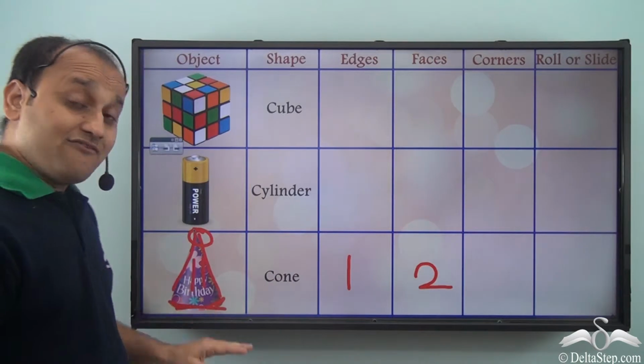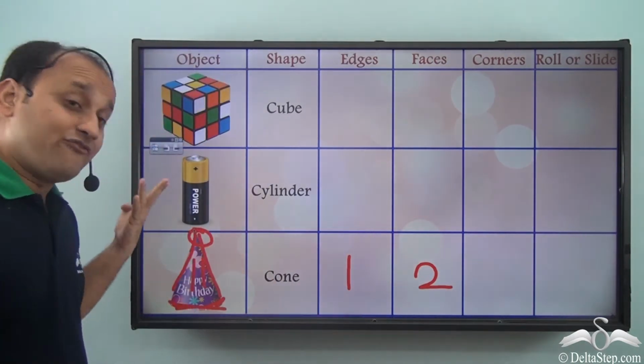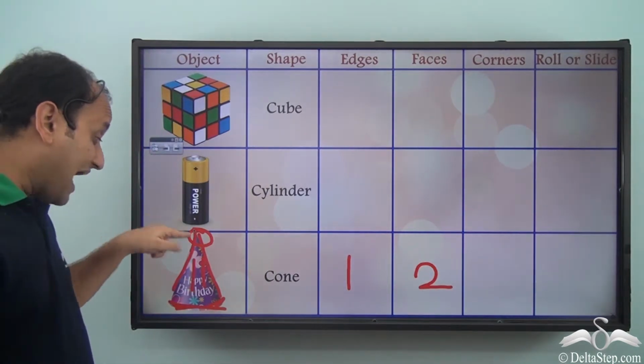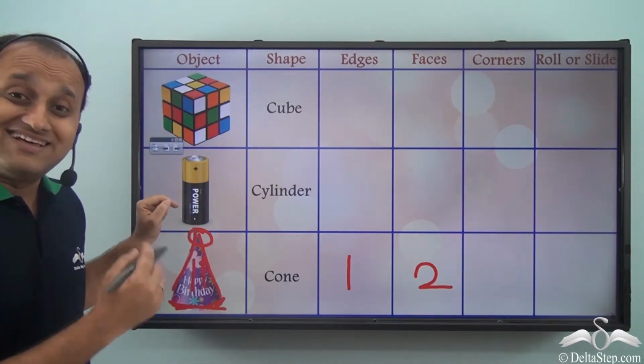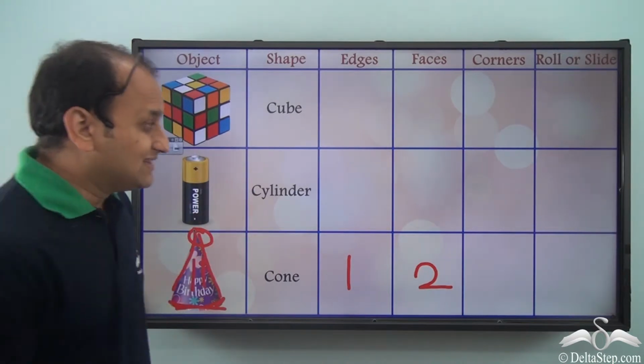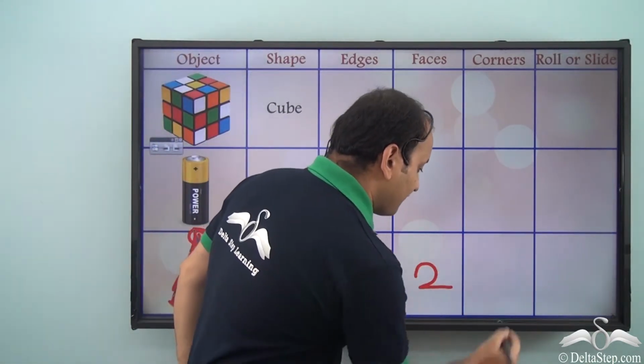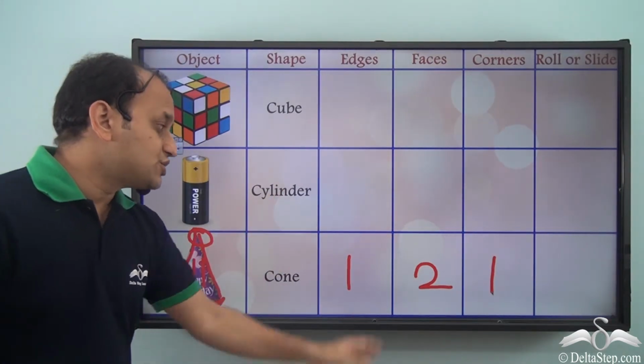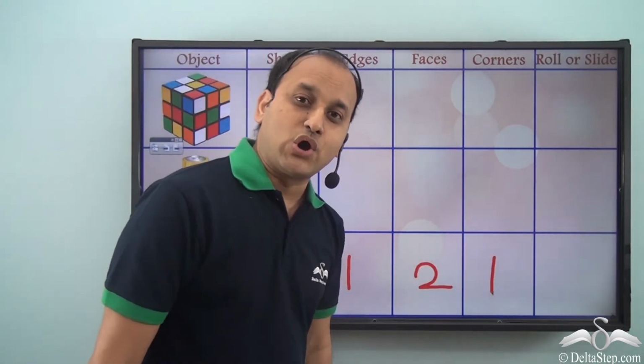So we have 1 corner in the case of cone. So cone is a very special case where you have a corner but the edges don't meet there. So this is the only place where you have 1 corner. So we have 1 edge, 2 faces and 1 corner.